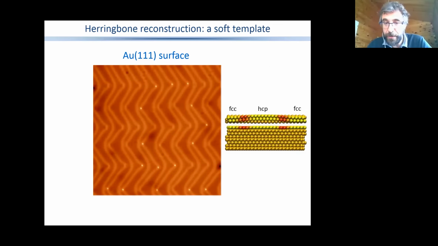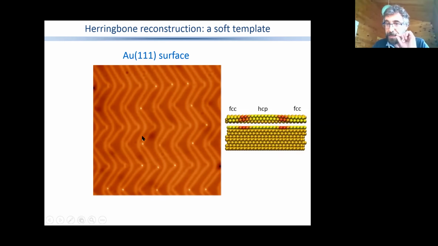I didn't tell you that, but gold 111 is the surface where most of the reactions have taken place. It's the one where the temperatures for the reactions are more separated and in the right scale. So that's why most of us are doing the reactions on gold. And the nice thing is that the gold 111 surface itself is reconstructing into these nice patterns that you see, these zigzag patterns with about 6 nanometers of periodicity.